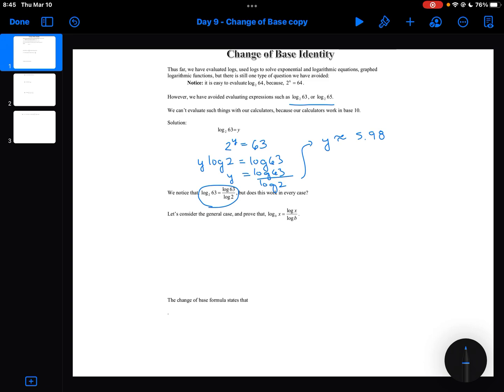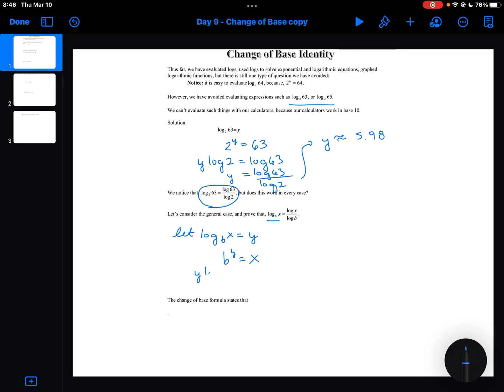But we want to know if this works in every case. So let's take a look at the general case and prove that it is true all the time. Log base b of x is equal to log of x over log of b. So let's let log base b of x equal y. Then we have b to the y equals x.